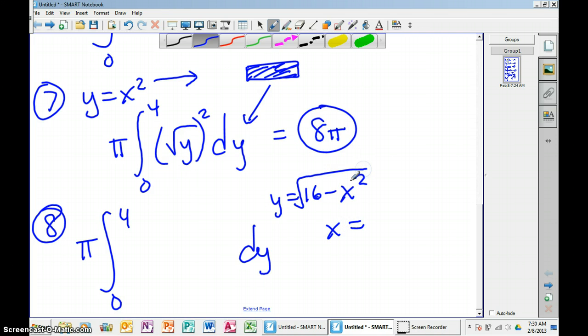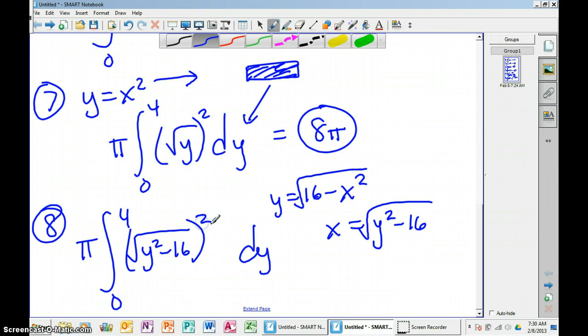And it was a square root. So I'm going to square both sides, do y squared minus 16, and now take square root. So that's what this is going to be. y squared minus 16, square root, and now I'm going to square it. That works out pretty easy, I think, to go ahead and do.